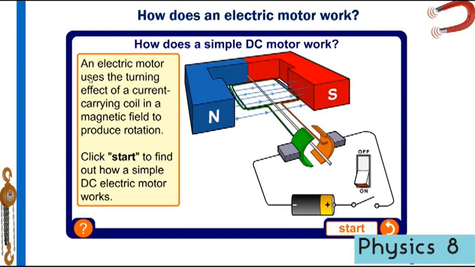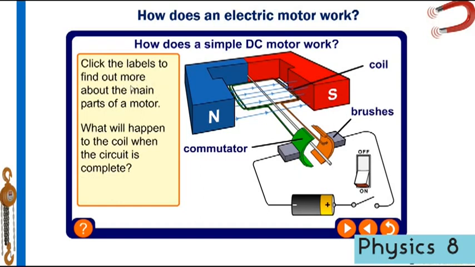So an electric motor uses the turning effect of a current carrying coil in a magnetic field to produce rotation. So let's click on the labels to find out more about the main parts of this motor.